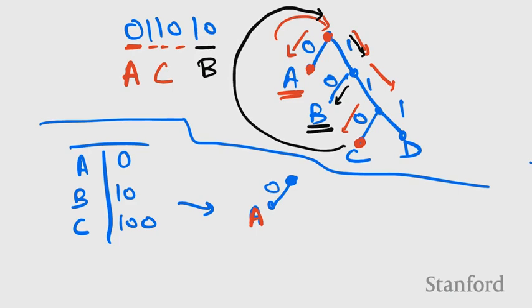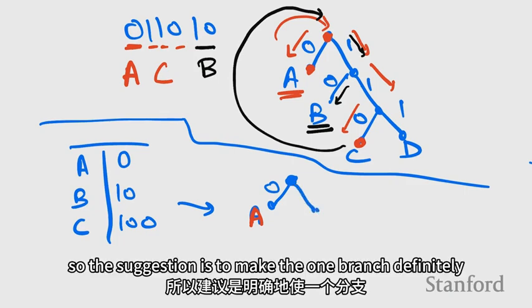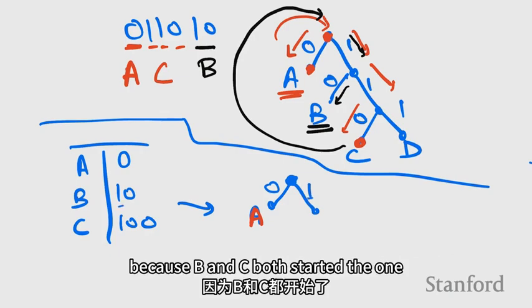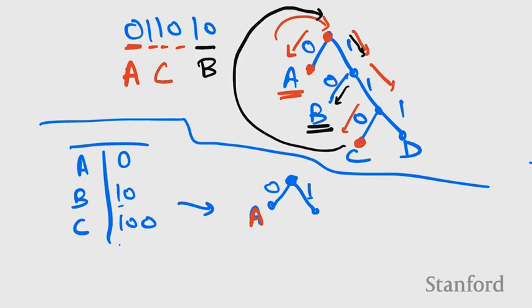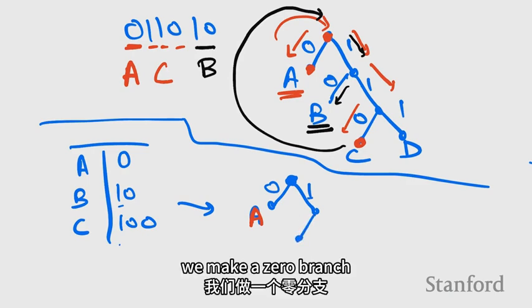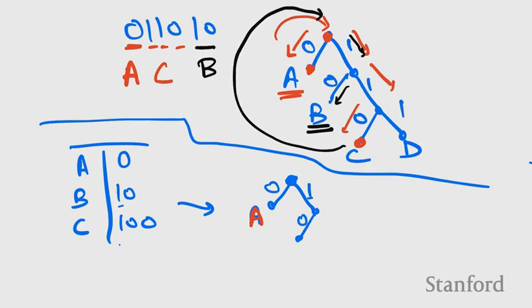Anybody? Okay, so the suggestion is to make the 1 branch definitely, because B and C both start with the 1. Makes sense. Yep, we make a 0 branch. Yep, then we write B.